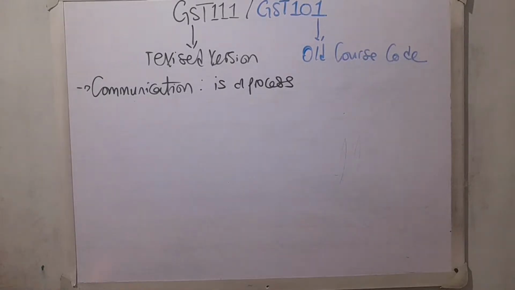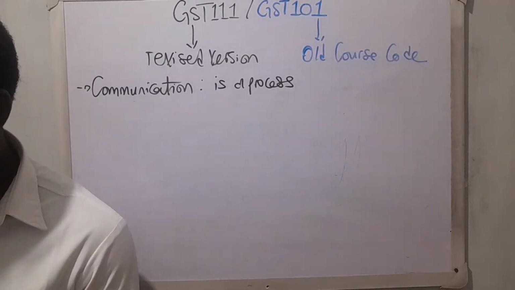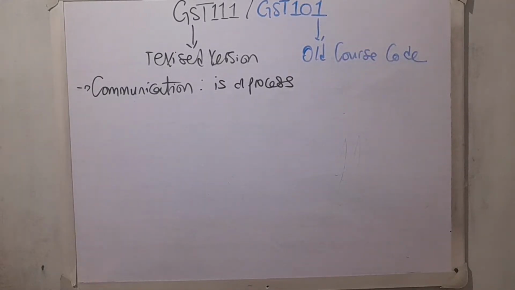The all and sundry of this course focuses so much on communication and how to communicate appropriately, because not all communication is proper. So we need to talk about communication and doing it in an appropriate manner.